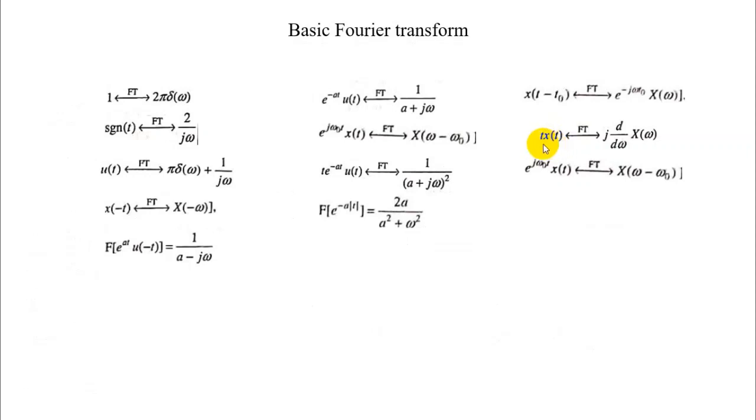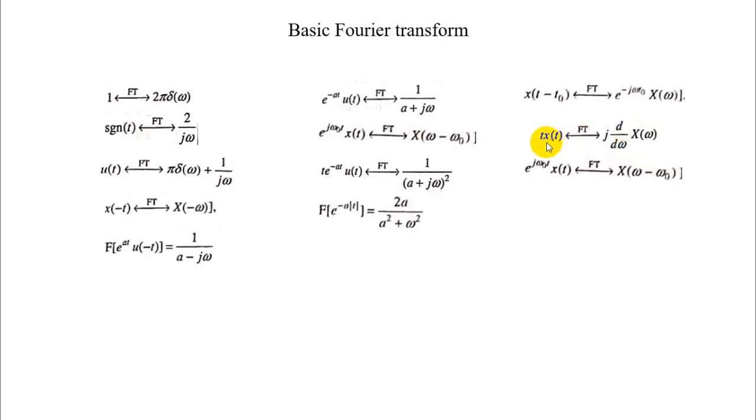So if you need to transform t x of t, actually you need to differentiate X omega with respect to omega, and obviously after differentiating you need to multiply with j.